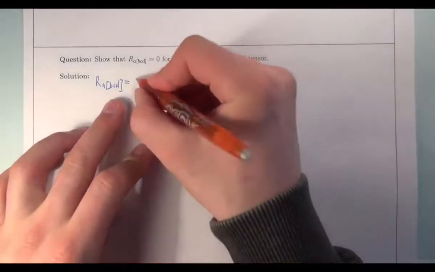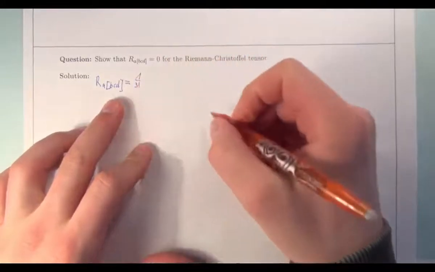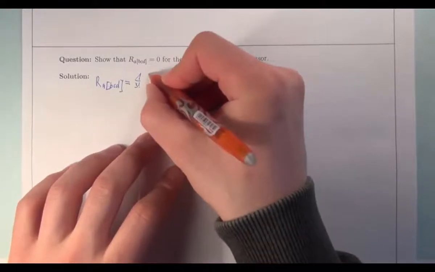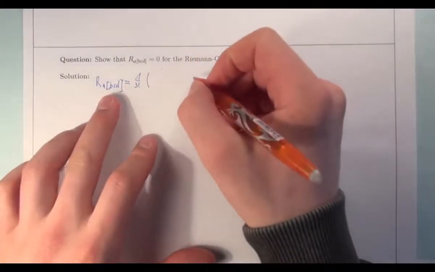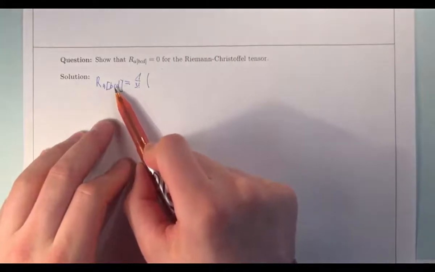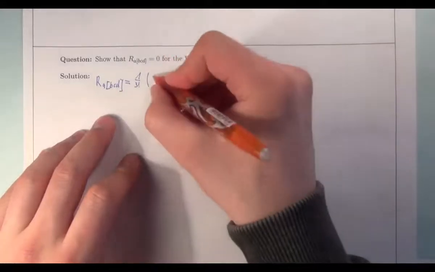The antisymmetrized bracket is defined as the following. It's 1 over 3 factorial, where 3 is the number of indices in this bracket, of all different combinations, where if we change one index with another, we always pick up a minus sign.